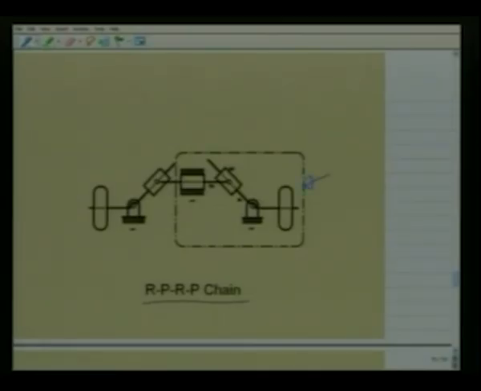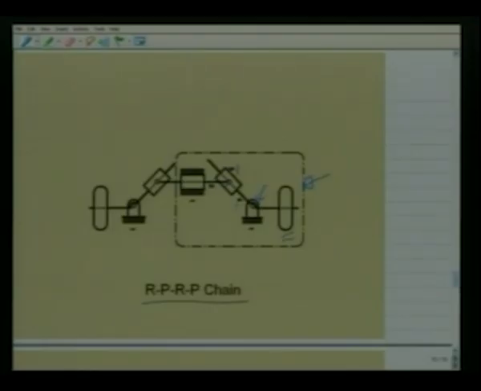This is the part of an automobile steering gear known as the Davis steering gear. Here, there is a revolute pair between link 4 and link 1. Then there is a prismatic pair between link 4 and link 3. Then there is a revolute pair between link 3 and link 2. And then there is a prismatic pair between link 1 and link 2.